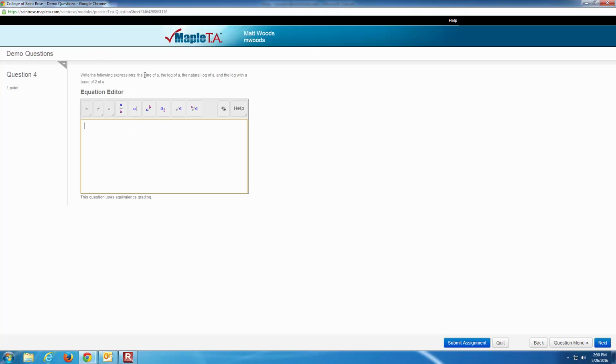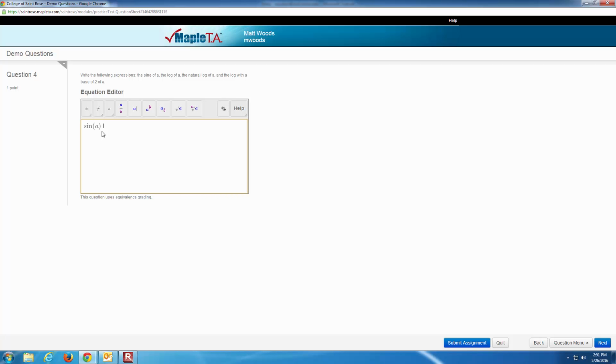Alright, now this question covers sine, log, and natural log, and all that stuff. Now, as you can see up here though, there's not really a button that does any of the trigonometric functions, or the logarithms, or things like that. But all I need to do is just actually type it in. So if I wanted the sine of a, sine is sin, and in parentheses, I type what I want to take the sine of.